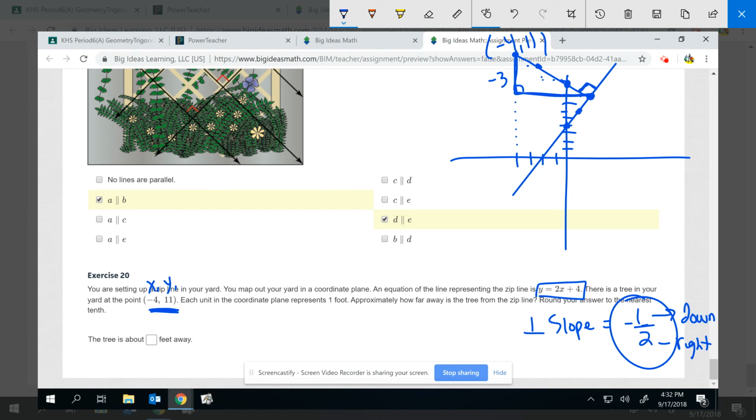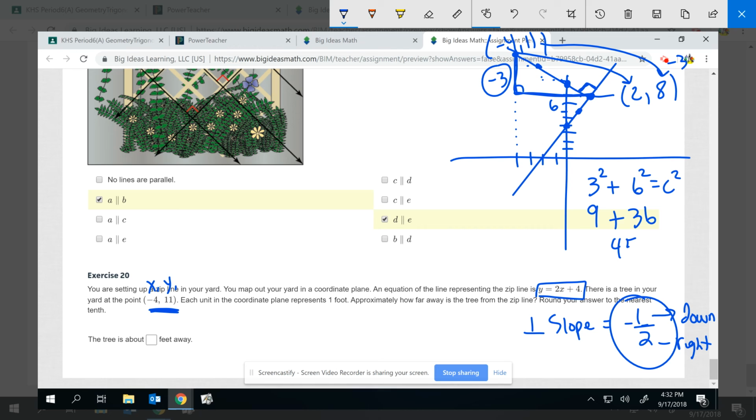And then this point right here was over 2 and up 8. So yeah, from 11 you went down to 8. That was a minus 3. So that's this one right here. From negative 4 you went over to positive 2. That's a 6. So it's a 3 squared plus a 6 squared. It's 9 plus 36, which is 45. And we're going to square root that.